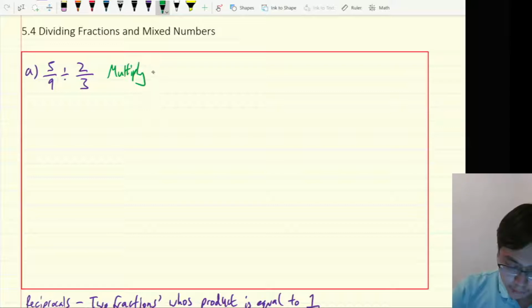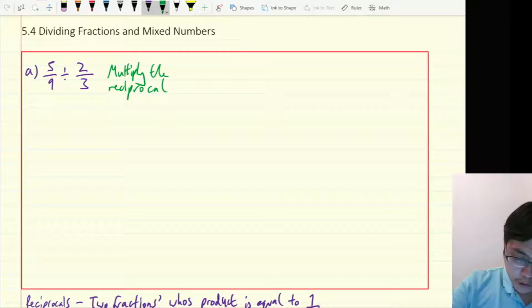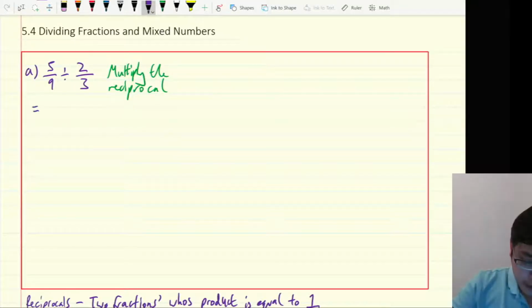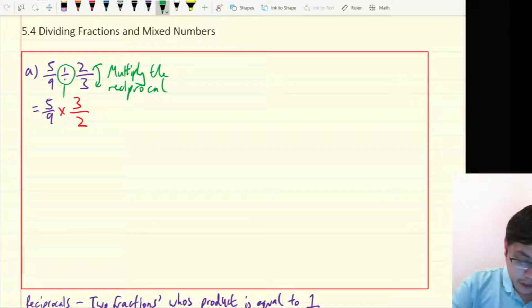So I'm going to rewrite the division as 5 over 9, and this time I'm going to change it to times 3 over 2. You see how I have swapped the top and the bottom, and I have changed the division into times.